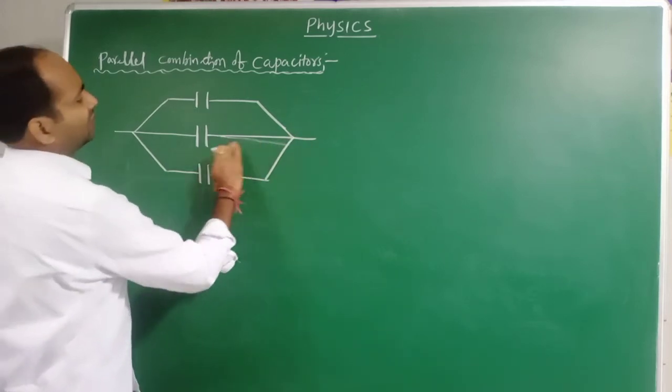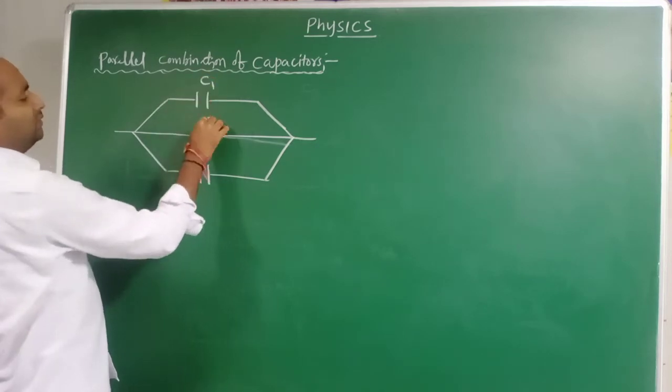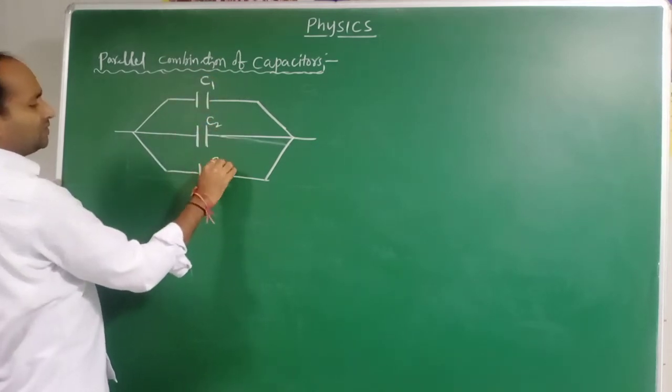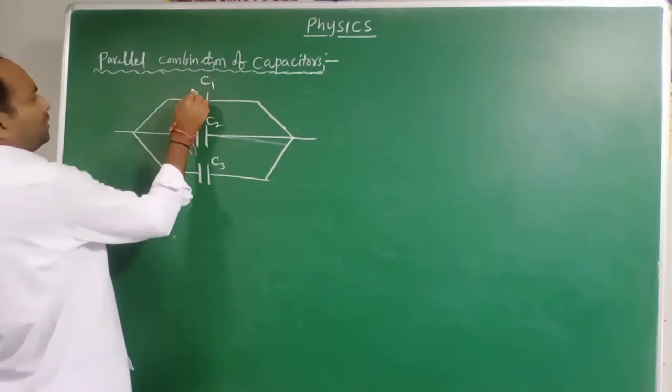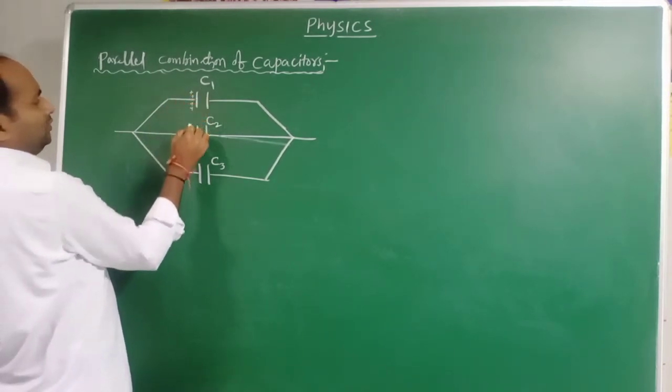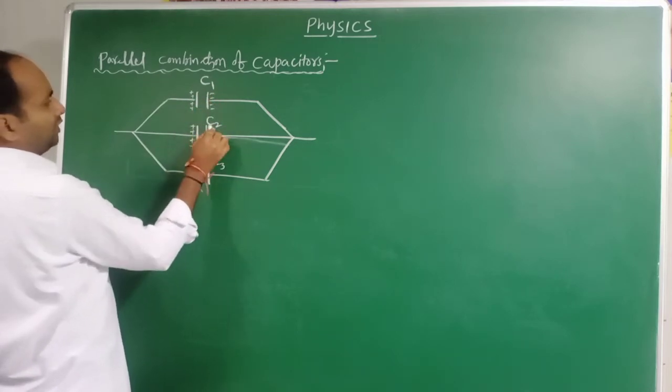Here we are taking three capacitors of capacitances C1, C2, C3. These are positive charges, and here these are negative.